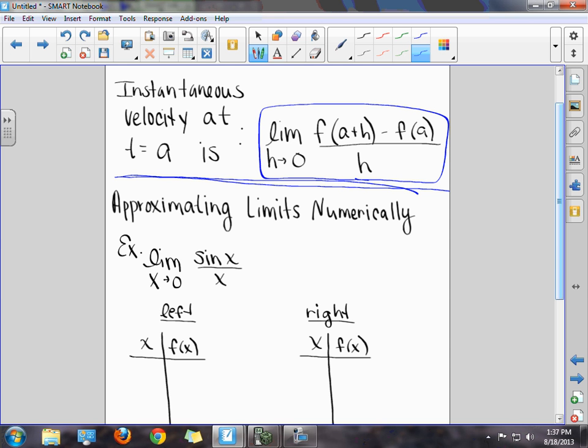The very first look at limits we have is by calculating instantaneous velocity and trying to get the slope of that tangent line. It's going to be really important when we study derivatives later, because a derivative is really just a limit. But first, we're going to learn how to calculate limits. We're going to come back to this formula when we talk about derivatives.